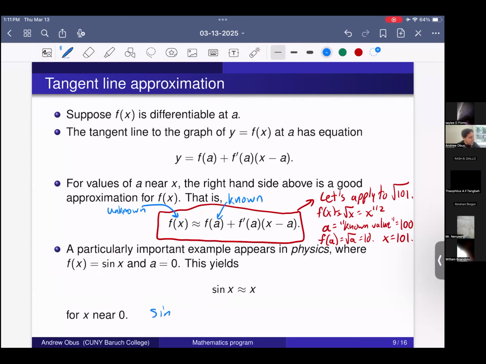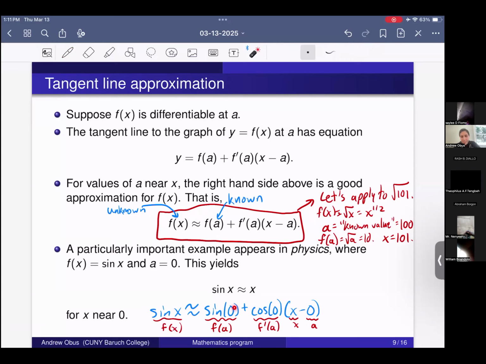We get that sine of x is approximately equal to sine of 0, that's f of a, plus f prime is cosine, so plus cosine of 0 times x minus 0. This here is f of a, this is f prime of a, this is x, this is a, and this is f of x. This is what happens with the formula.